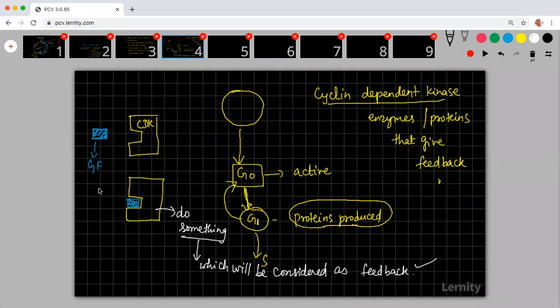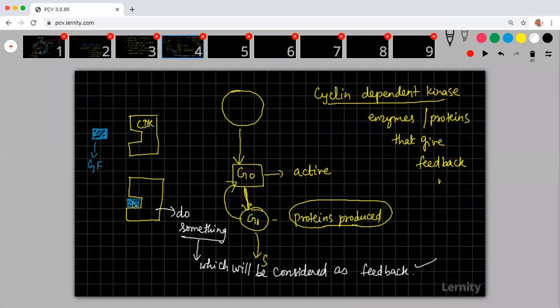Okay, there will be many like this. It can be like a lock and key model, almost. So suppose this growth factor is available, it will go and bind with the CDK, and the CDK along with the growth factor will be doing something which will be considered as a feedback. Okay, this has happened. So what does it mean? It means this substance is there. Are you understanding?